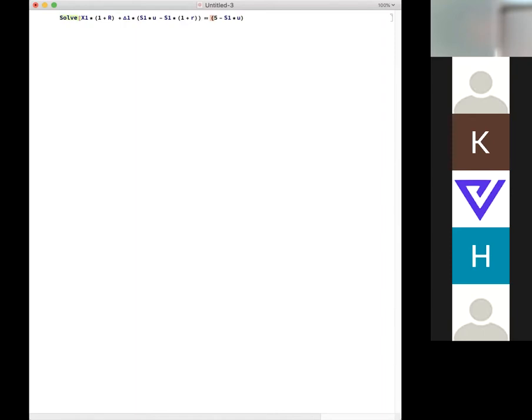Maybe I should just plug in numbers here. So R would be 1.25. U would be 2. This would be 1.25. And then in the up state, we would have a 0. And then we would also need to do something similar in the down state.